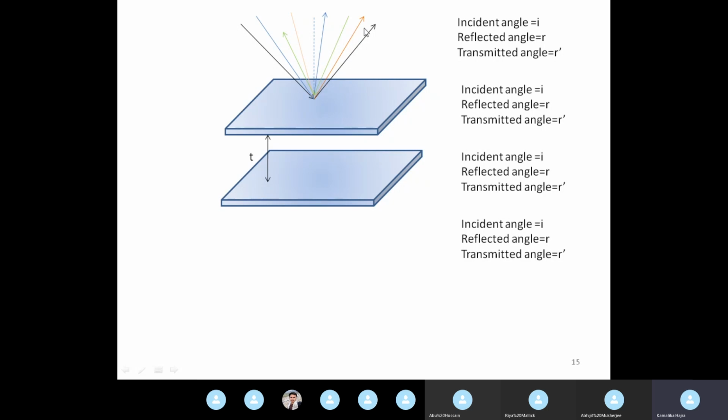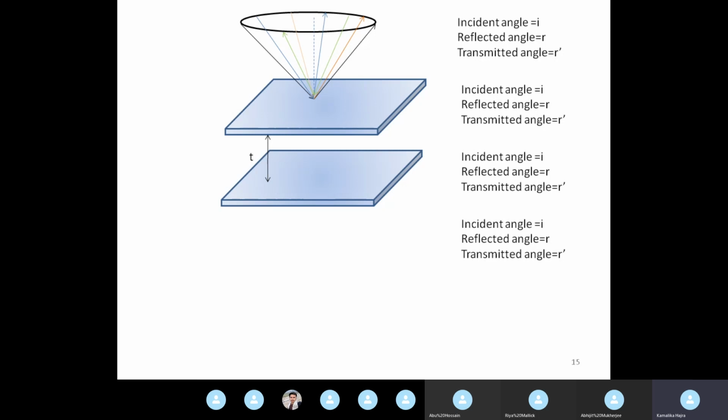So what is the locus of the end of such rays that are all inclined at an angle i to the normal? Can someone tell me? What will be the shape generated? It's a circle. A cone. It's a cone. The shape the edge forms is a cone, but the shape formed by the ends of the rays is a circle.